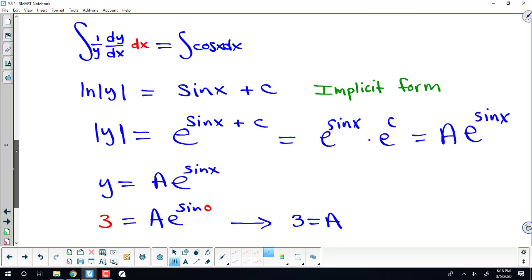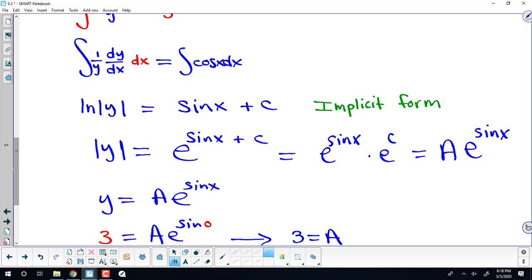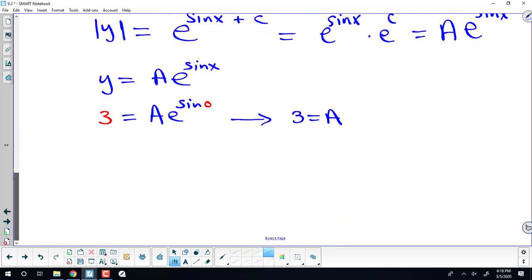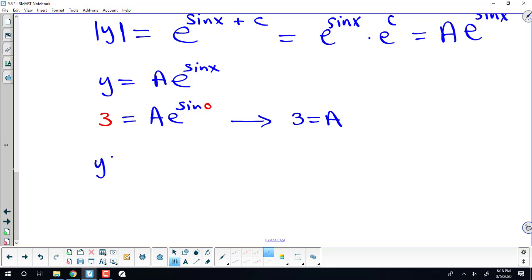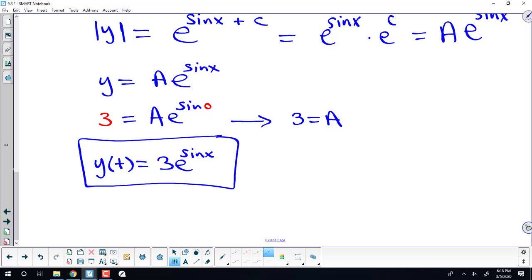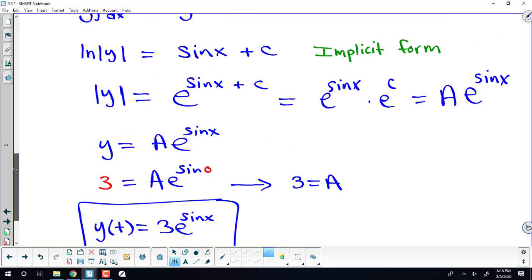If you plugged in your initial condition here with the implicit solution, you would have come up with the constant being the natural log of 3. So either way you approached it, you would still end up with the function y of t being 3 times e to the sine x. Like if this constant were ln 3, you solve for it the same way, get ln 3.